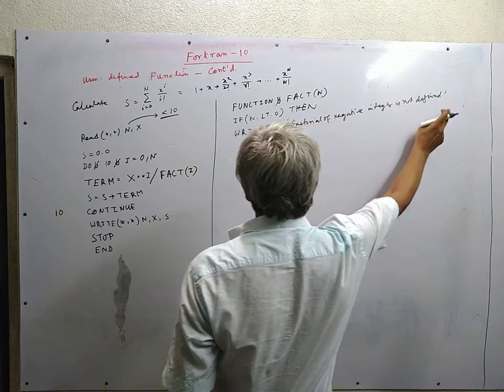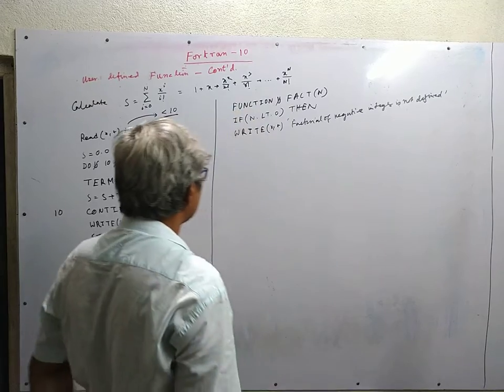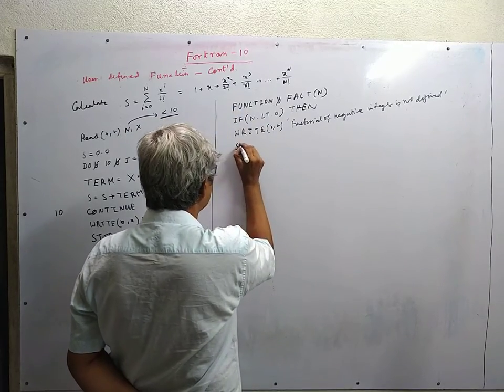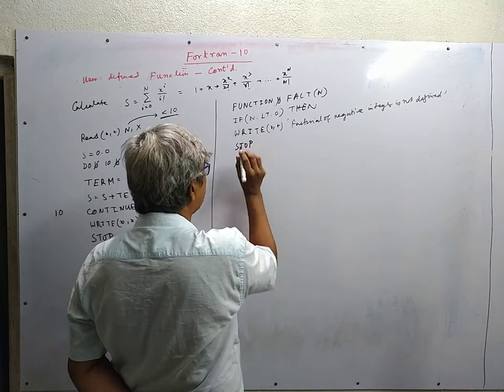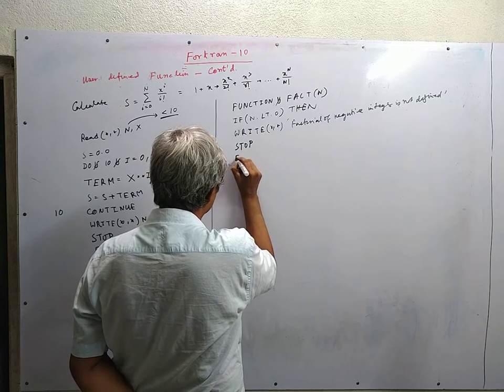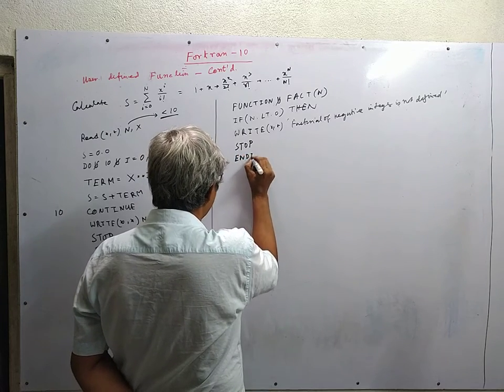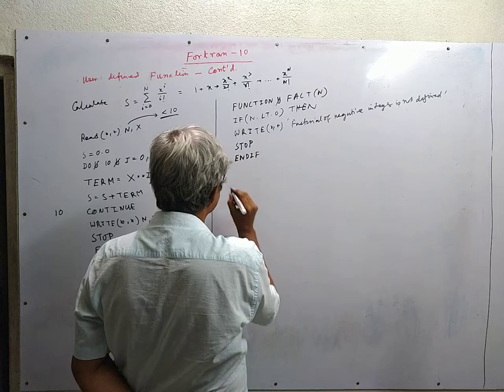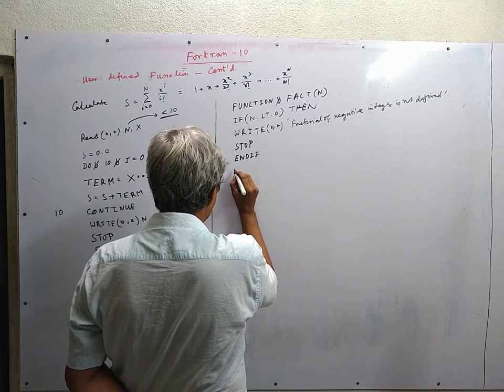Keep in mind that 72 columns should not be exceeded. Then stop. I make the program stop.